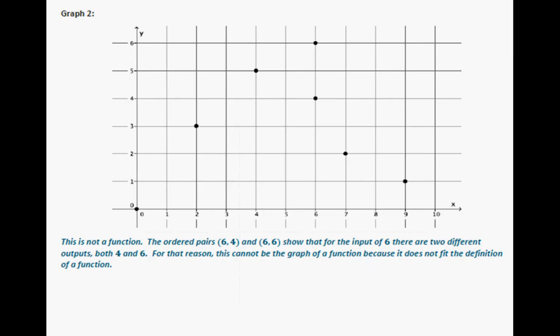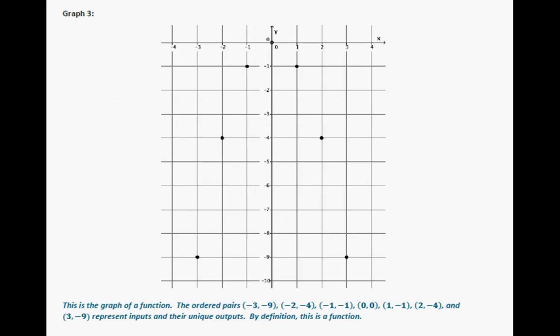Graph 2 is not a function because x, this input, has 2 corresponding outputs, which means that it can't be a function. Graph 3, even though it's not linear, it is a function because, again, each input along the x-axis only has 1 corresponding y output.